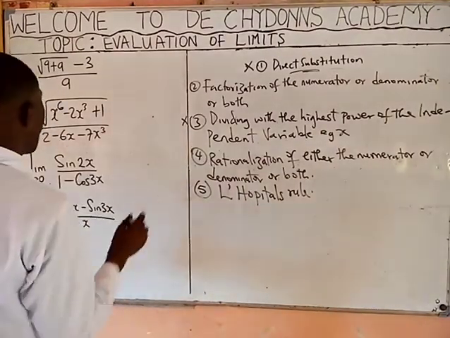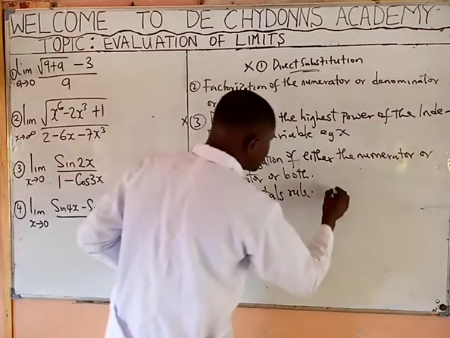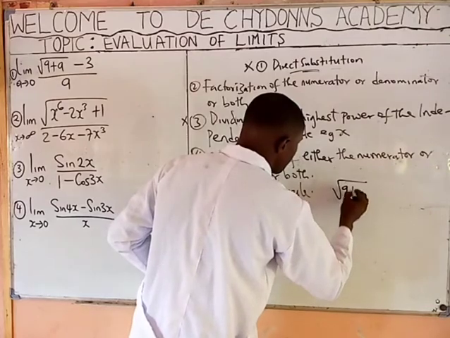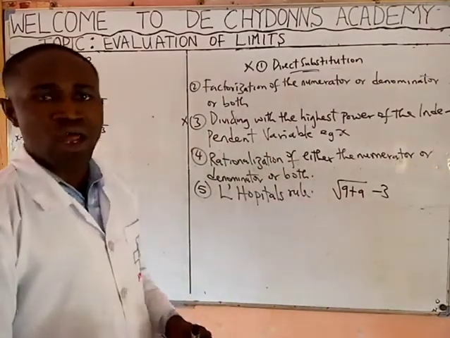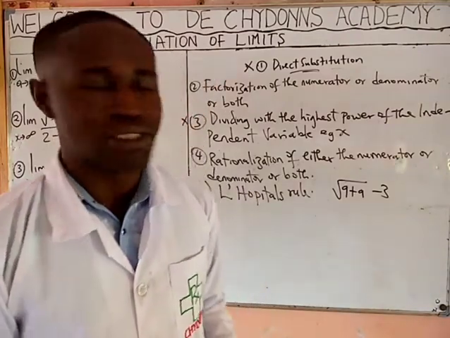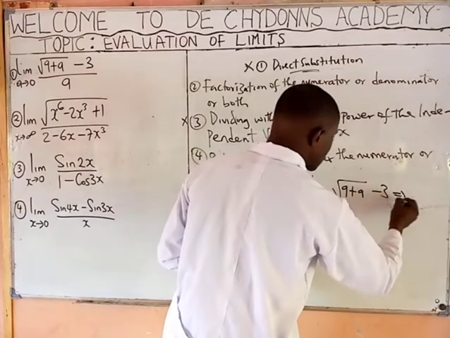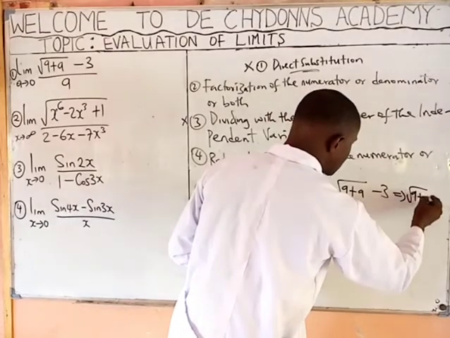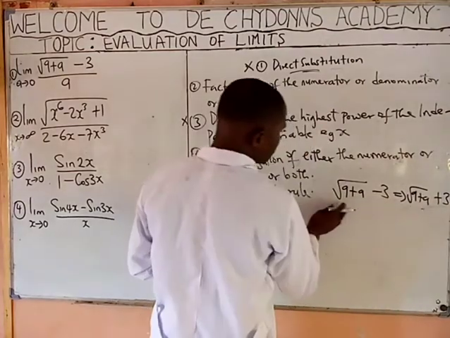We pick it because the numerator, which is square root of 9 plus a minus 3, has a conjugate. And you know that conjugate simply means opposite. So the opposite of this minus is square root of 9 plus a plus 3. So this is the conjugate of this.